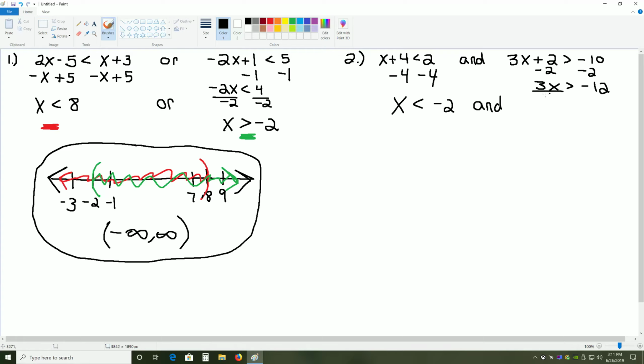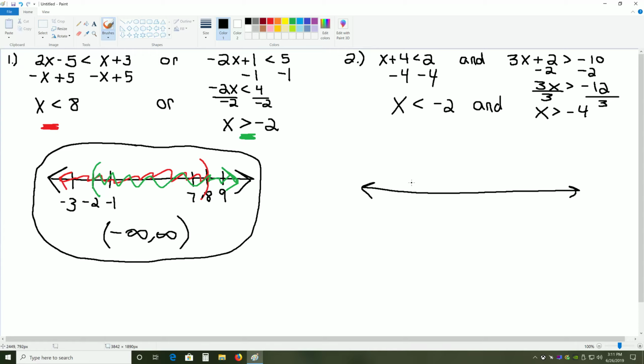and then dividing each side by 3, we get x and -4. -12 divided by 3 is -4. And we divided by a positive number, which means we keep the inequality as it was. So x has to be less than -2 and greater than -4, so we can start making our graph.